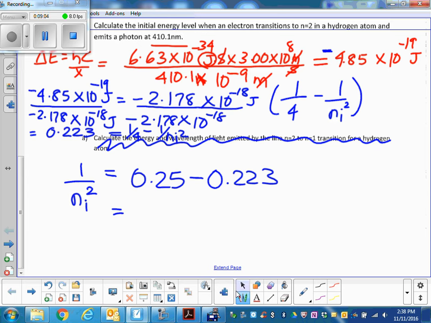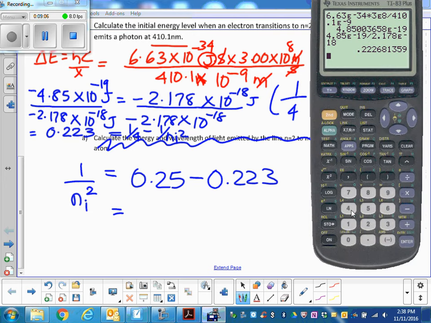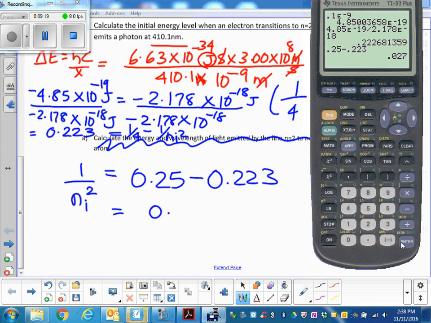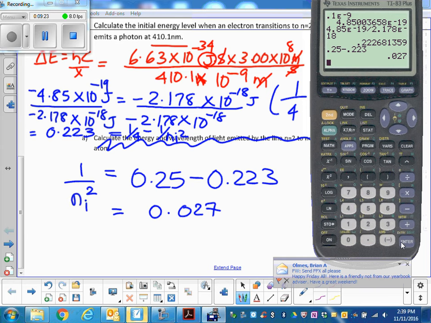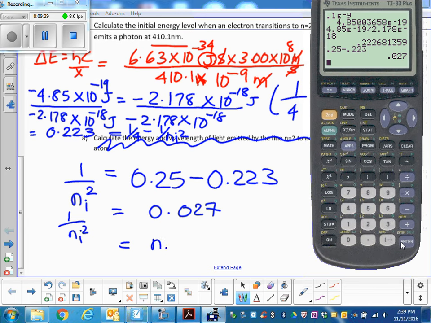So is it 0.027? 0.027 equals 1 by Ni squared, or I can switch these two and say Ni squared equals 1 by 0.027.